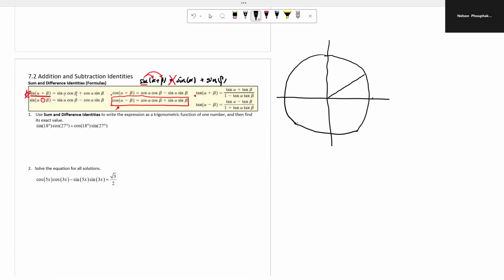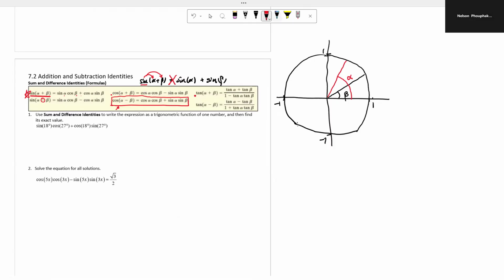Consider that now you have a unit circle. This angle right here is the angle beta. And you also have the angle alpha.